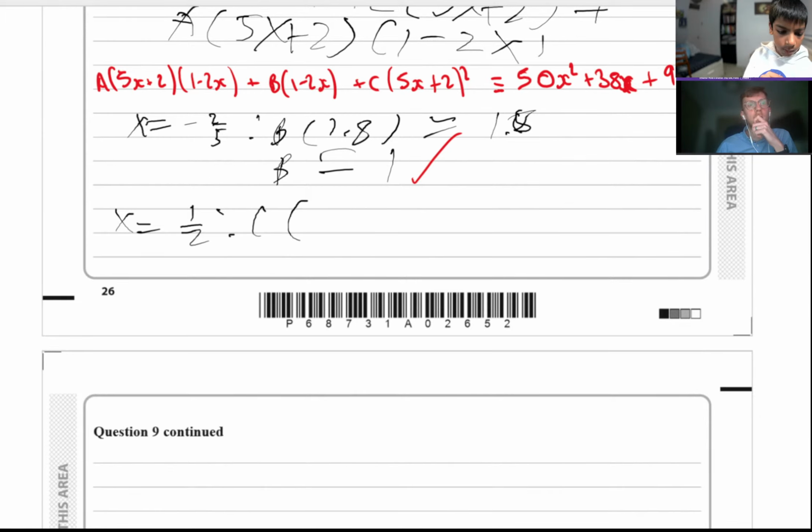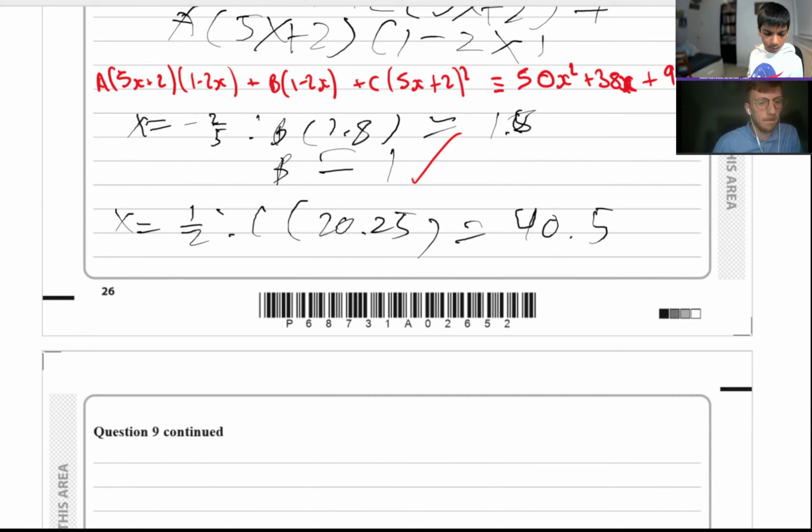That's 20.25. Yeah. The 81/4 probably might be a bit easier. You could leave it as a decimal, but fractions tend to be a bit better. And that's 40.5. Good. And if we divide by 20.25, we get C is 2.